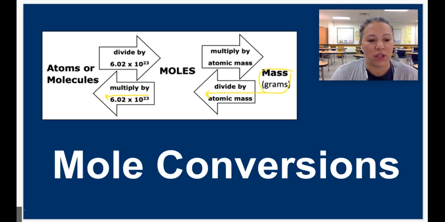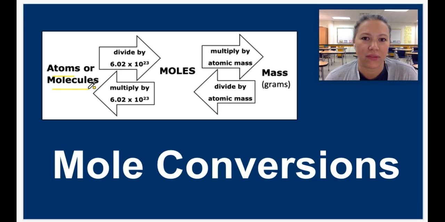If you are given a question that goes the other way, if you are given the number of atoms or molecules, so it's atoms if it's just one element, it's molecules if it is a compound. So like if the question says iron or copper or silver or whatever, that will just be atoms. If the question has a molecule compound like H2O, CO2, something like that, that will be molecules. Don't get hung up on that.